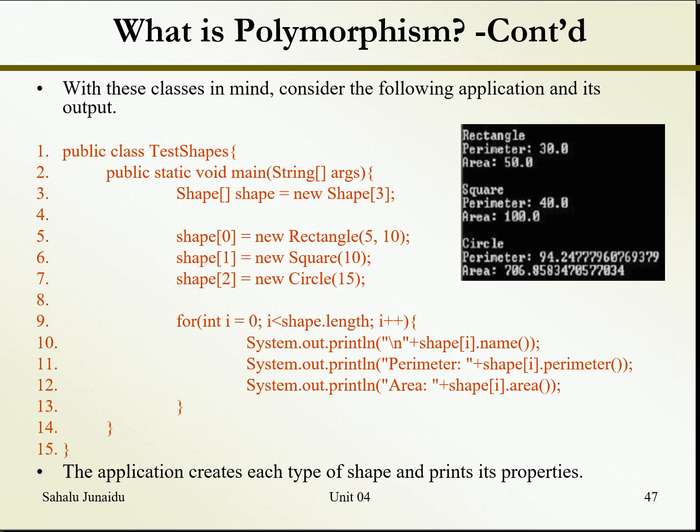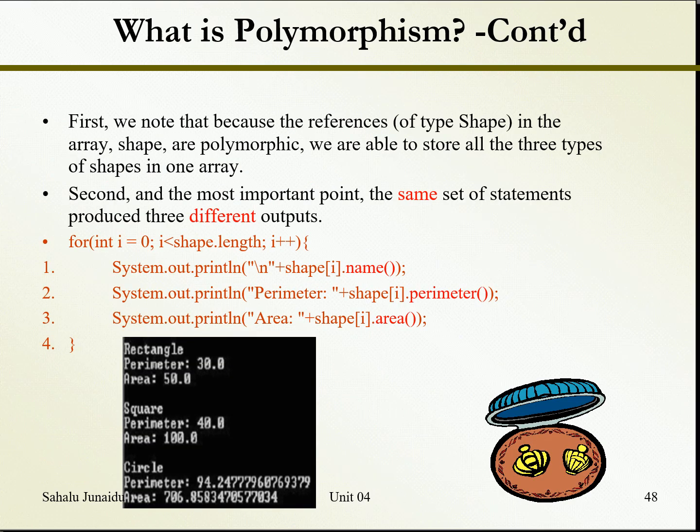So we said the application creates each type of shape and prints its properties. And these are the properties now: the name, perimeter, and area for the 3 shapes we have created. First we note that because the references of type Shape in the array are polymorphic, we are able to store all the 3 types of shapes in one array.